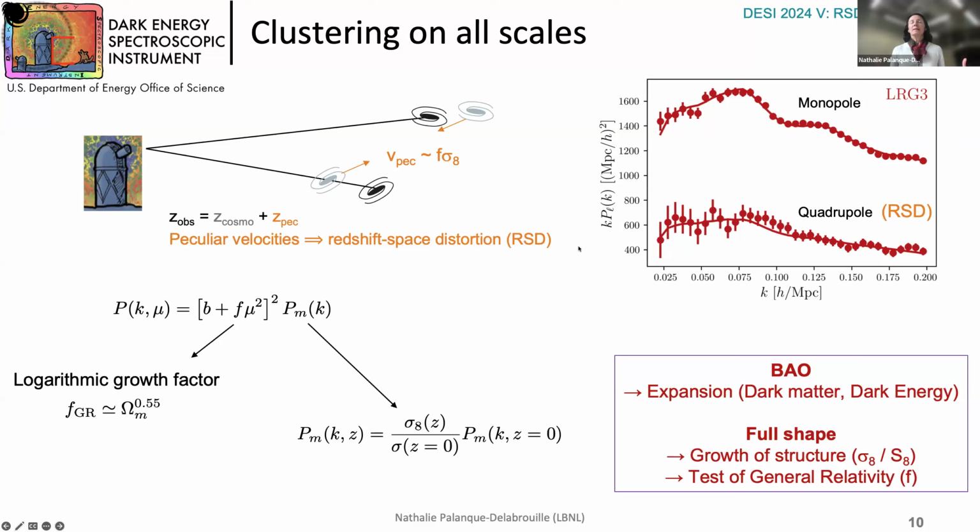But this quadrupole contains a lot of information on the way galaxies connect together and the way galaxies form the structures. And so this full shape information actually provides information beyond what the BAO does, and in particular provides us information on the way the structures have grown and on possible tests of general relativity, by studying the amplitude and shape of this quadrupole expansion.